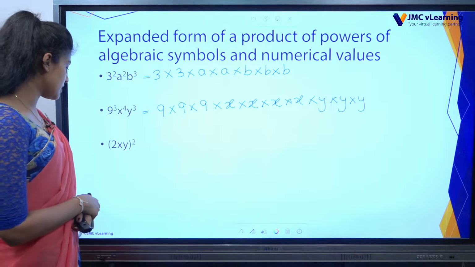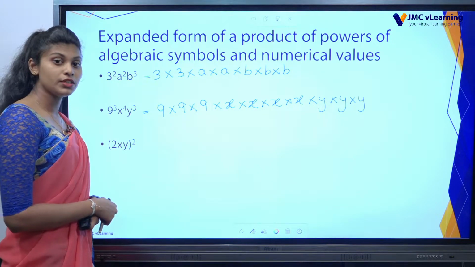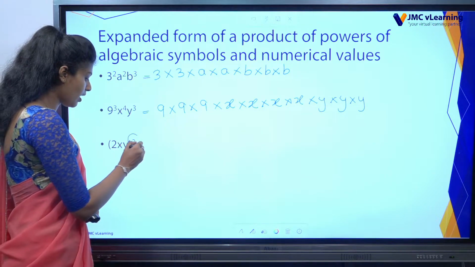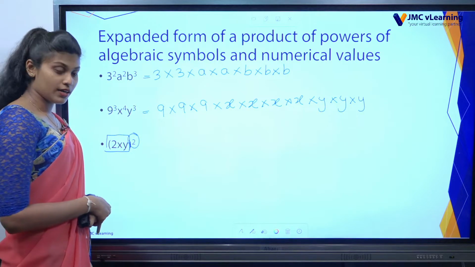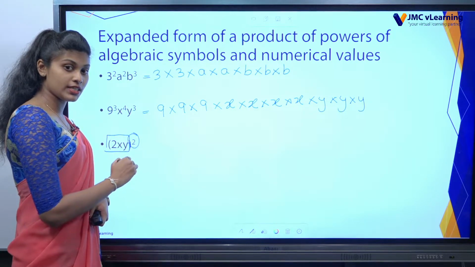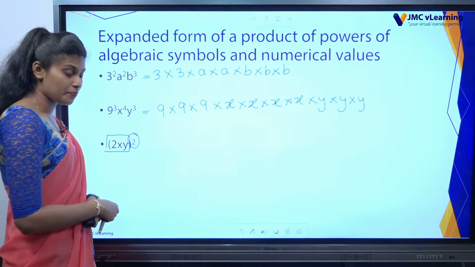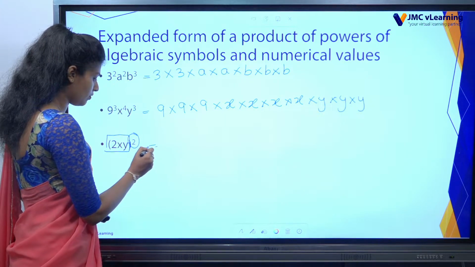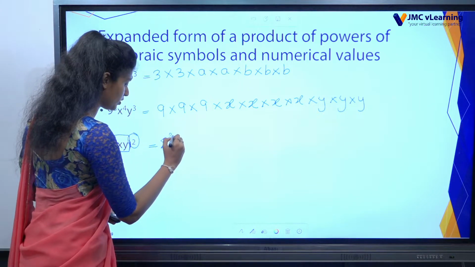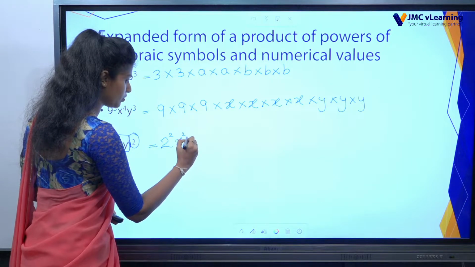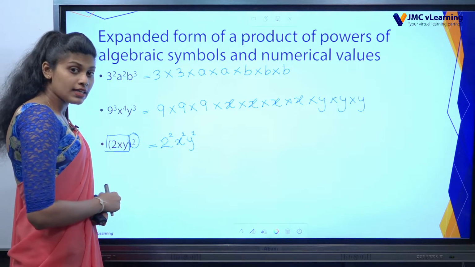The next one is (2xy) to the power 2. Here this power is common to this whole part. That means this power 2 applies to the 2, to the x and to the y. So when we write like this, 2 to the power 2, x to the power 2, y to the power 2. That means this power is common to all terms.